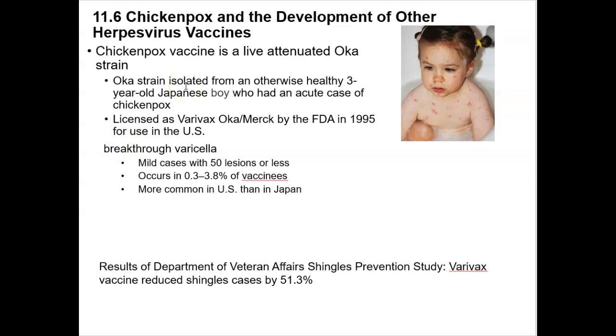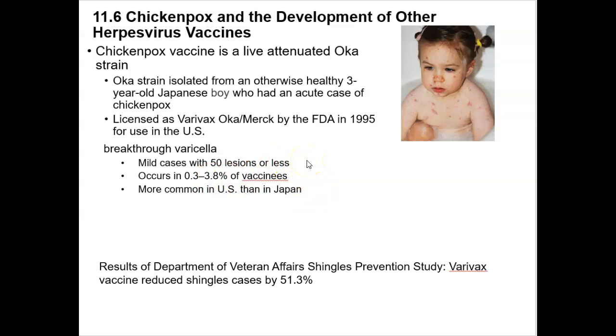So there is a vaccine for chickenpox. Generally, it's safe, it's a well-tolerated vaccine, and generally it is effective. Occasionally, you do have a person who is vaccinated and they wind up getting chickenpox later, and this occurs in a pretty small percentage of individuals, and this is usually a very mild case.